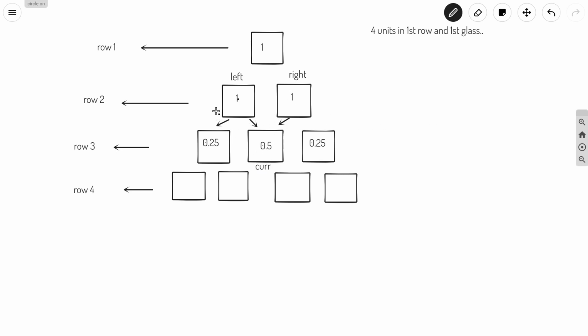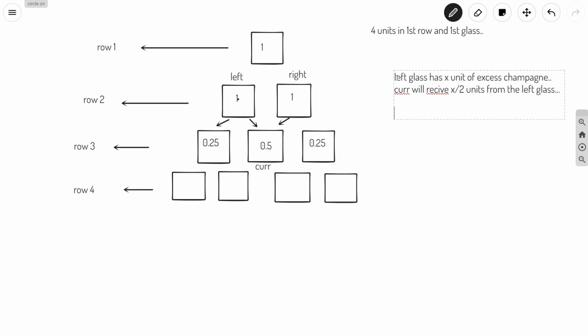Okay, and how much will it receive? It will receive excess upon 2, half of the excess. Because let's say the left glass has x units of excess champagne, so current will receive x upon 2 units from the left glass.